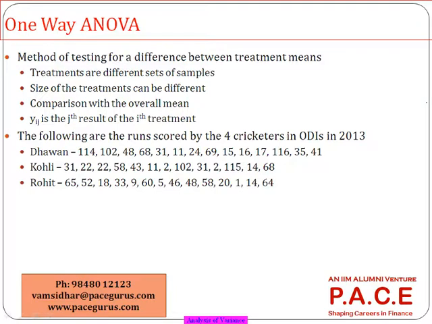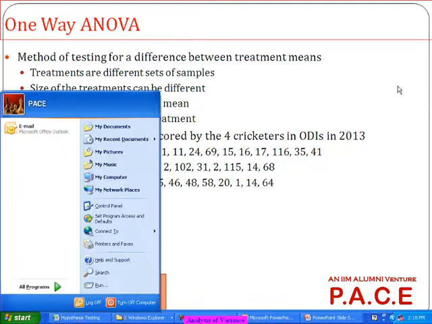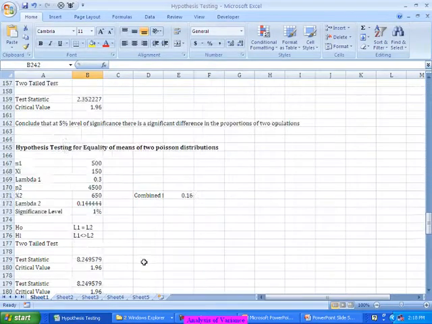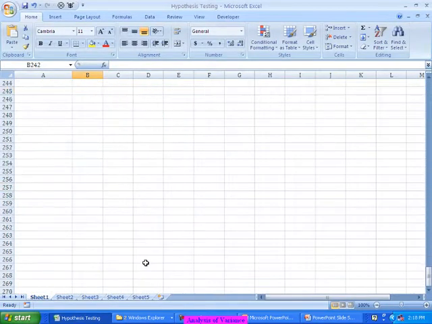So going ahead, I will try to solve one numerical using the entire concept of ANOVA. Let me jot down the numbers so that we can do our entire calculation on this data itself. So let me take the data regarding the three cricketers.